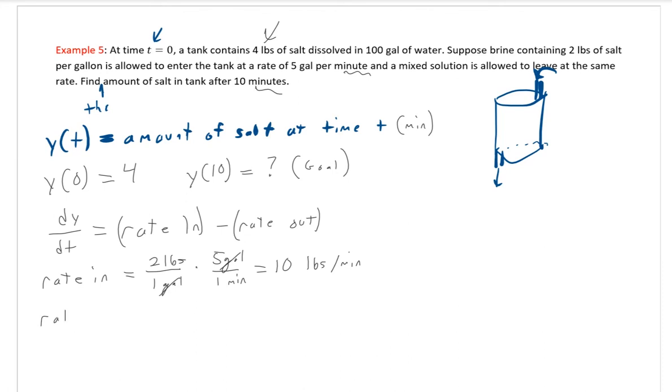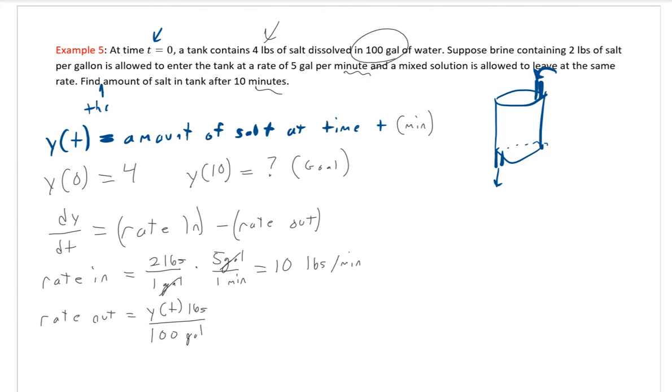Rate out, though, is a little bit more complicated. The reason is that we don't know how much is leaving at any given time, but we have that defined as how much salt at time t. So the amount of salt is y(t) pounds at whatever time we're at, out of the entire tank, which is 100 gallons.